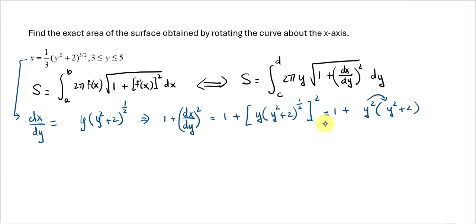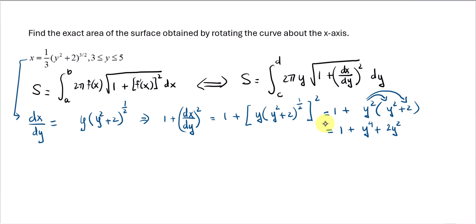And then I'm going to distribute the y squared to the inside terms. So I'll get my simplified expression to be y to the 4th power plus 2y squared.